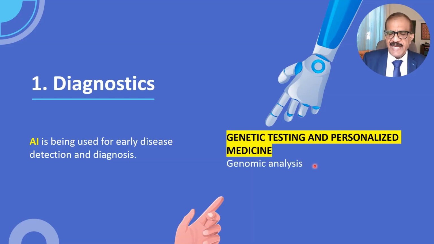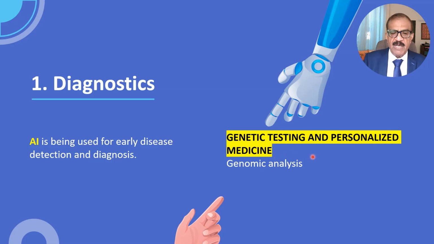Another one is genetic testing. You know, almost all diseases, or many diseases at least, have a genetic basis, and every person has got a unique genetic background. We all look similar. We all have two eyes, one nose, one mouth, same features, but actually when we go to the detailed genetic studies, every human is different.